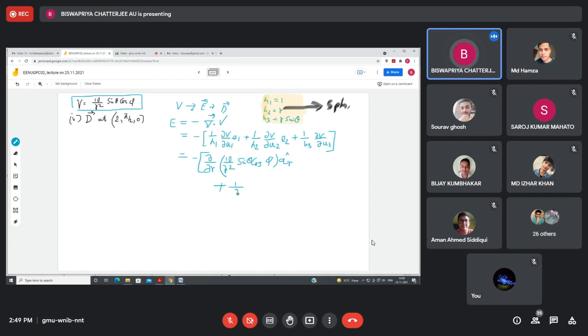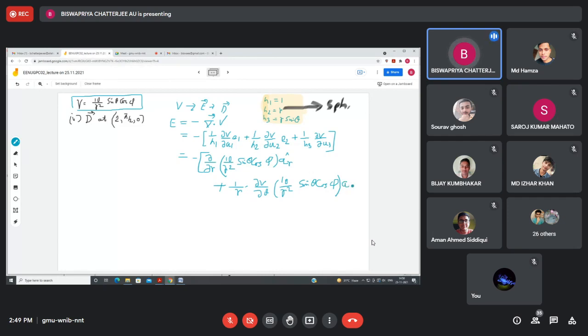Plus 1 by H2 means 1 by R, then you put del V del theta of 10 by R square sin theta cos phi.